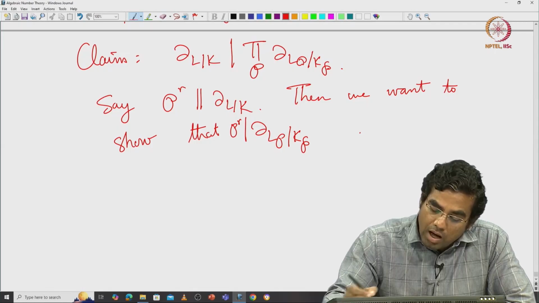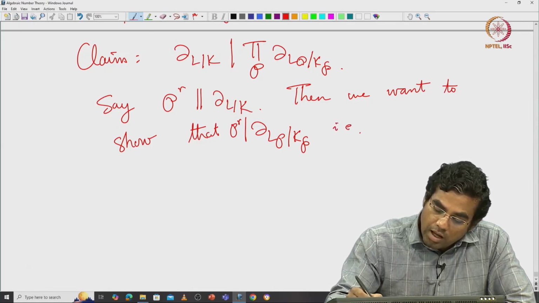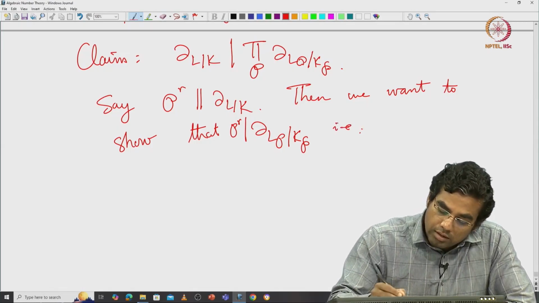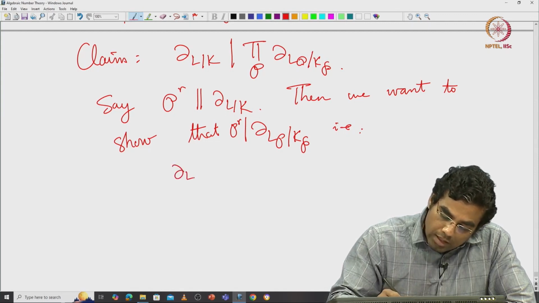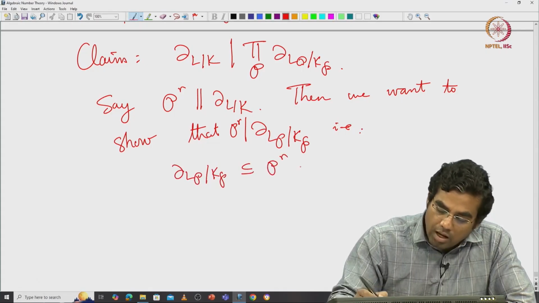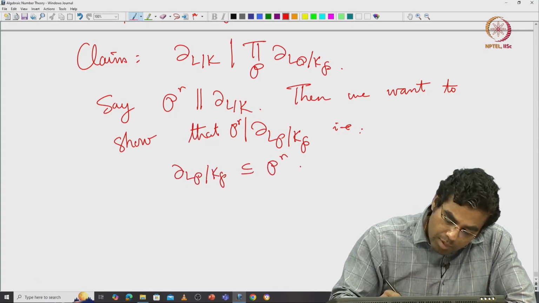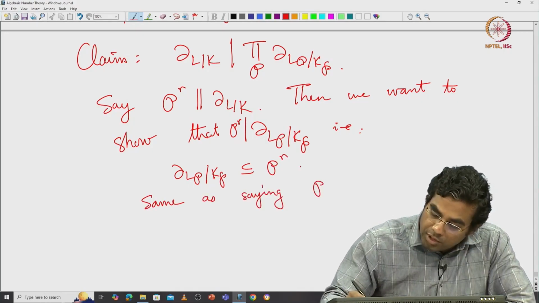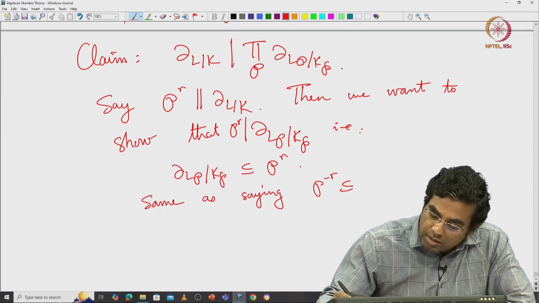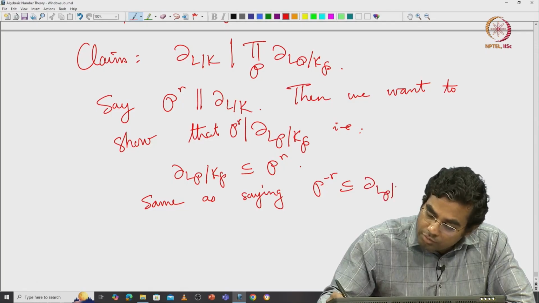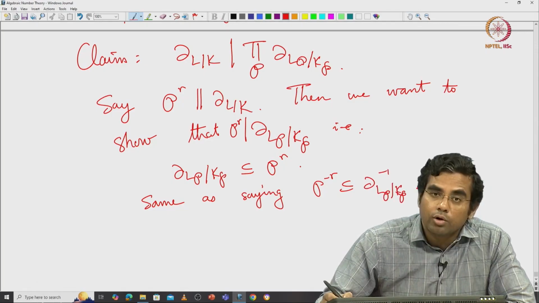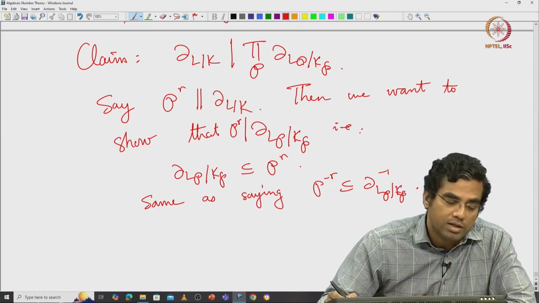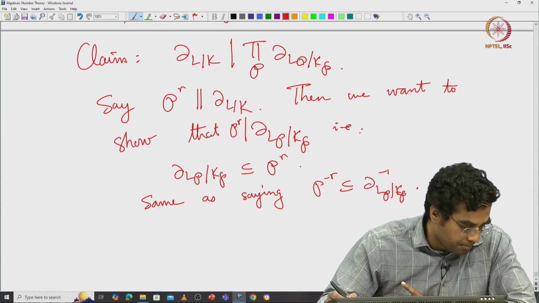Now, what does P to the r dividing this mean, i.e., we want to show that D_{L_P} over K_p is contained in P to the r, which is the same as saying that P to the minus r is contained inside D_{L_P} over K_p inverse, right. We always work with the inverse different because that is what has an explicit description.